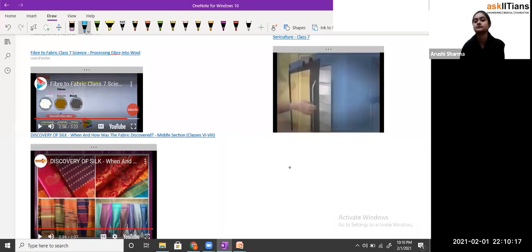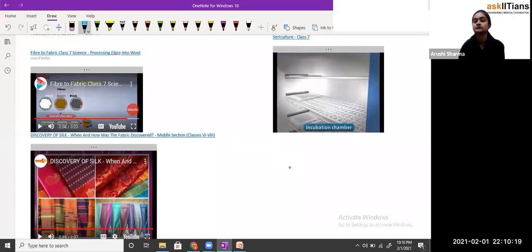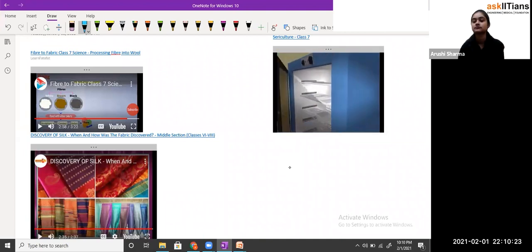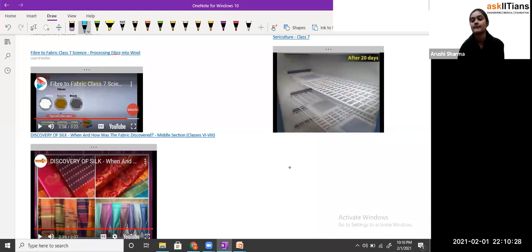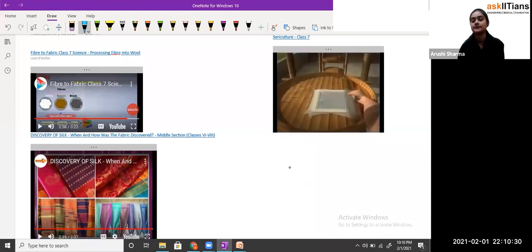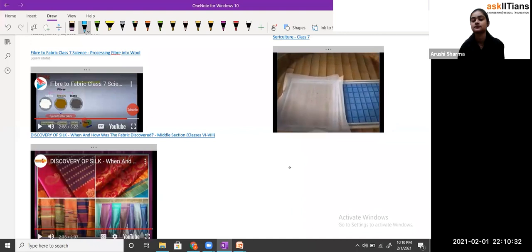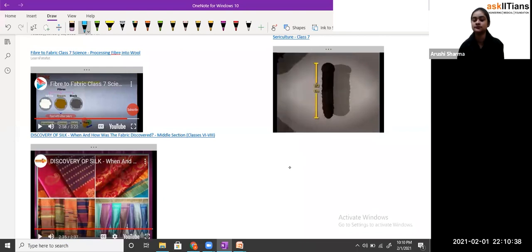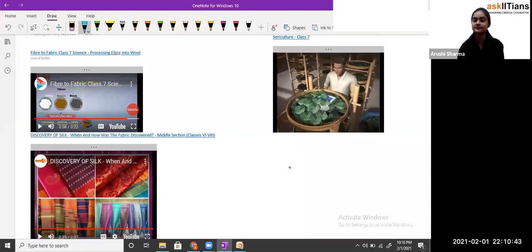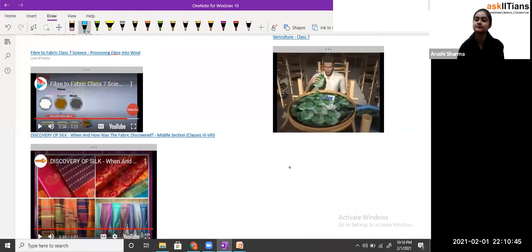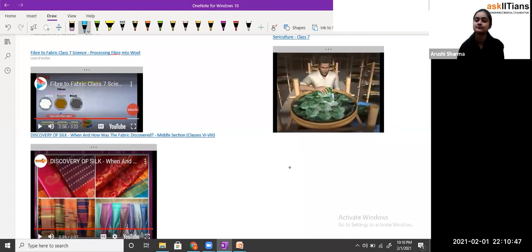outer frame. These frames are kept in an incubation chamber for about 20 days where they hatch due to the warmth. After 20 days, egg frames are taken out, kept on a tray, and opened. In these 20 days, eggs hatch into about half a centimeter long black larvae. These egg frames having larvae are then covered with fresh mulberry leaves by the silk farmer.